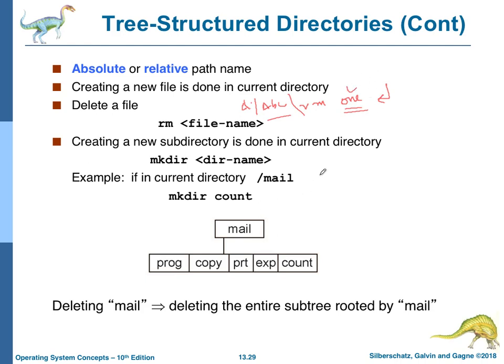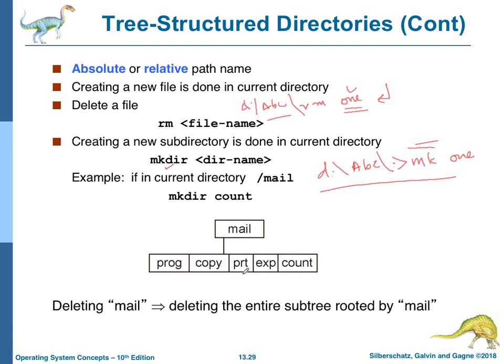If on the same path ABC my pointer is here and I say mk1, then I am making a directory named 1. A variation of this command is mkdir, the complete command. However, you can also use mk for that.